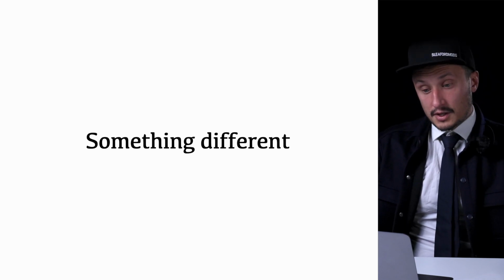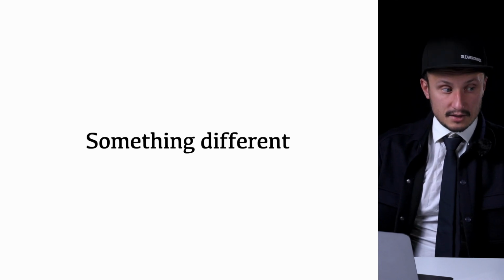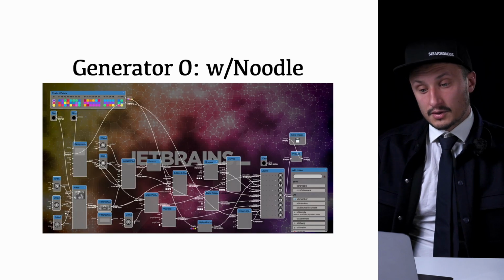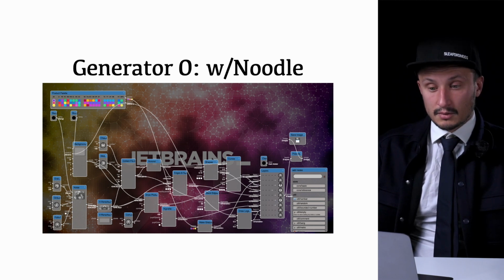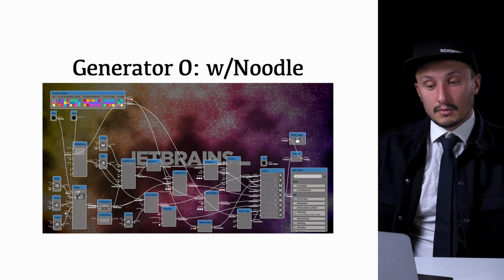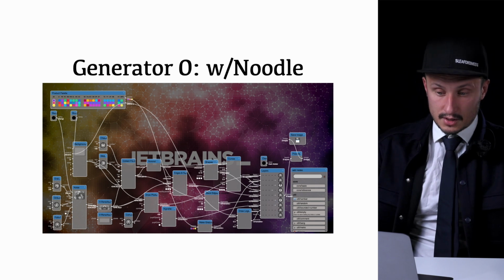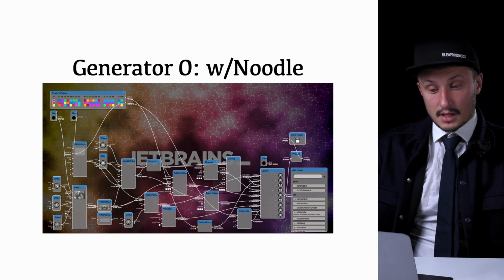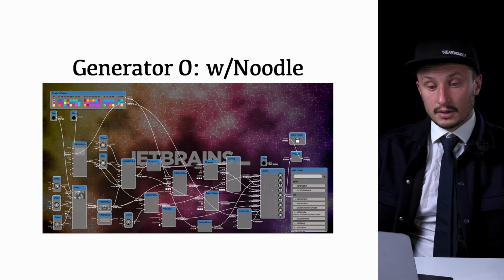We don't consider this interface as the final user interface for our generators. So we also think about the past. In the old times, our very first generator was using the node interface, which was named Noodle at the time. It also takes a lot of space, but with the approaches we used in this interface, it can be improved a lot.